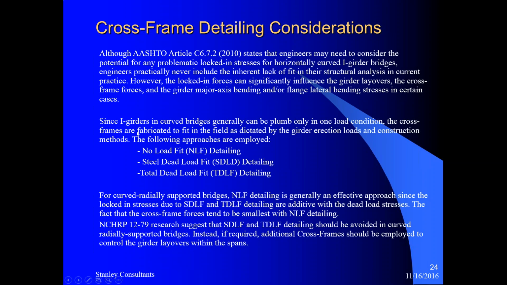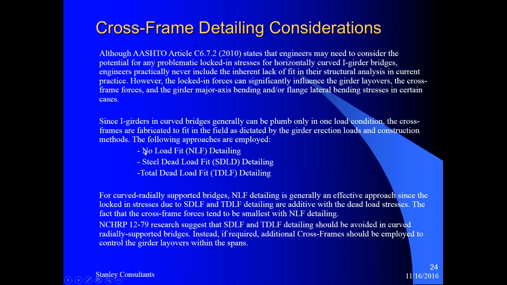So the fabricator must fabricate the cross frames to fit in the field, and this is dictated by the girder erection loads and construction methods. So the fabricator needs to work closely with the erector to figure out how he's going to do it, so that based on that he will detail the cross frame so that everything fits in the field.